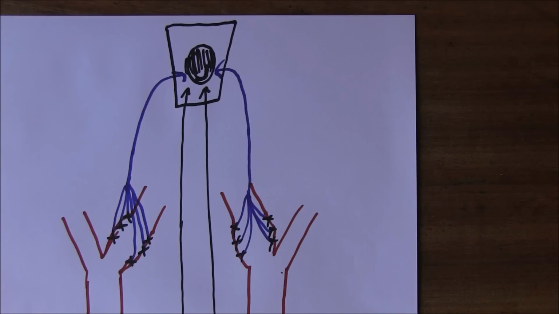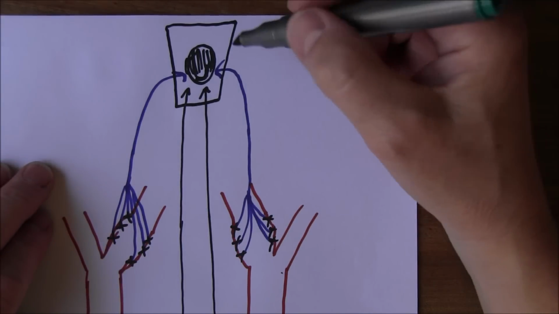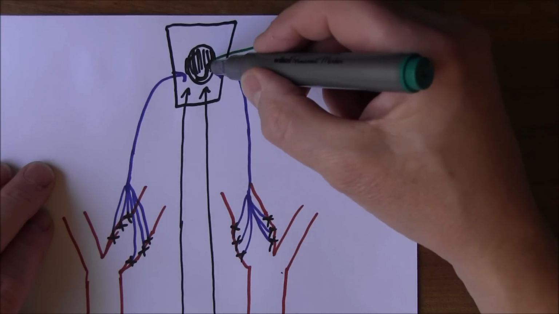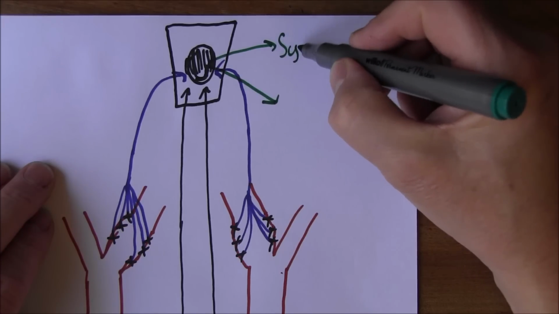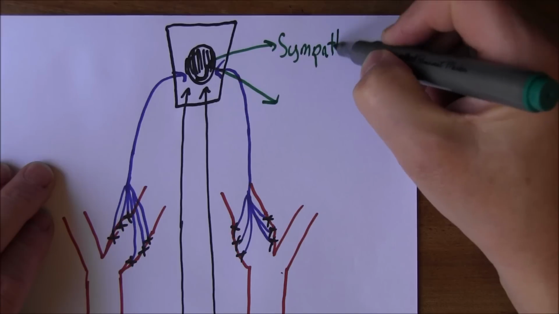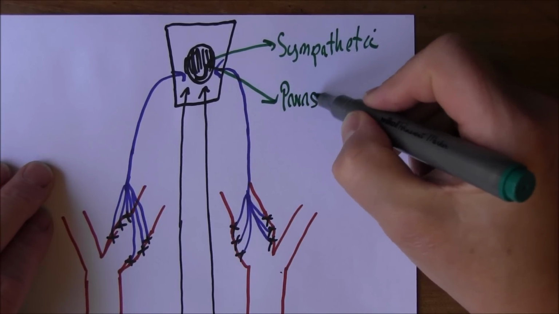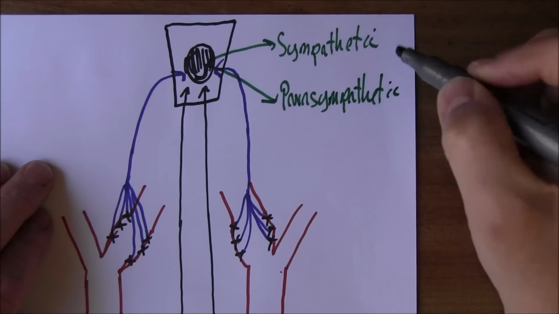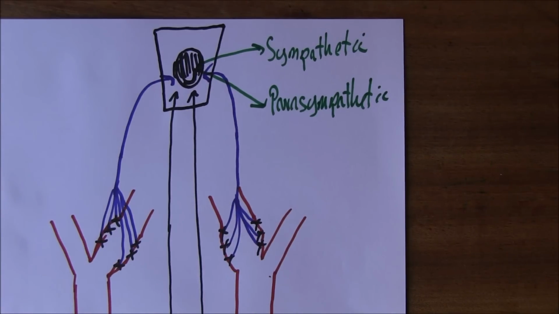Specifically, what's going to happen is the cardiovascular center is going to have differential activation of the sympathetic and the parasympathetic outflows.